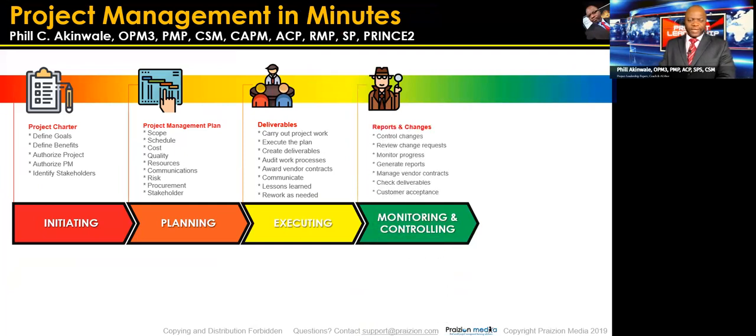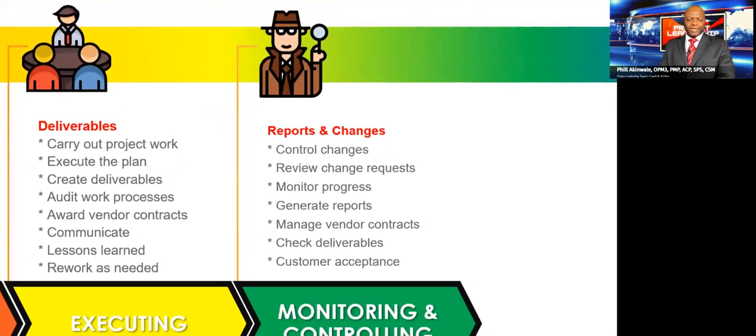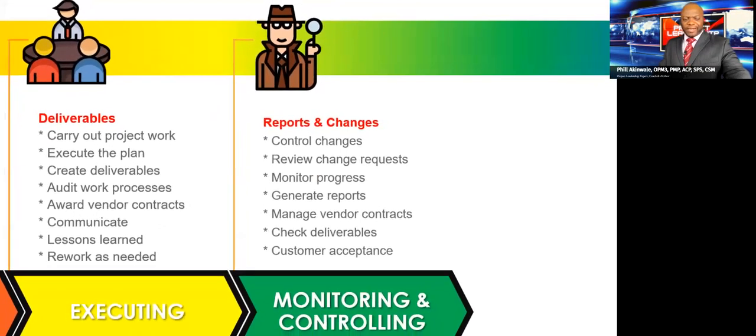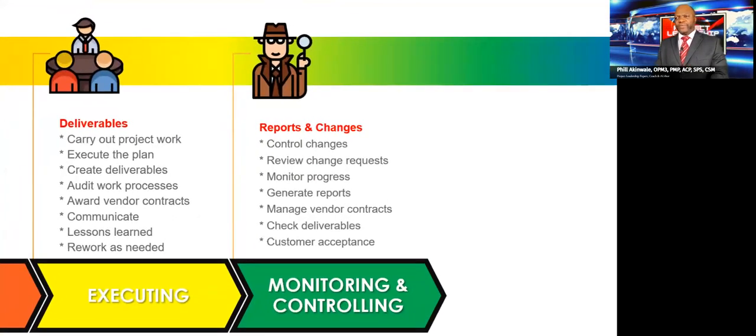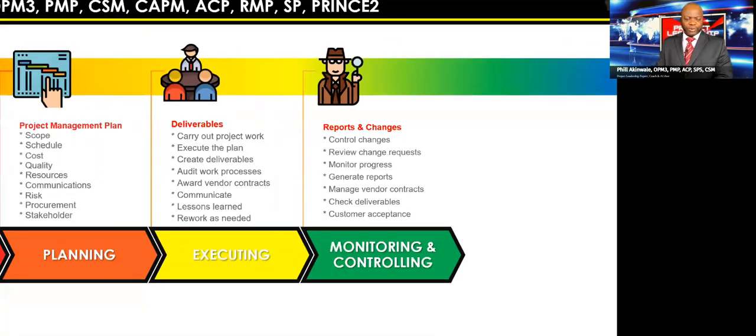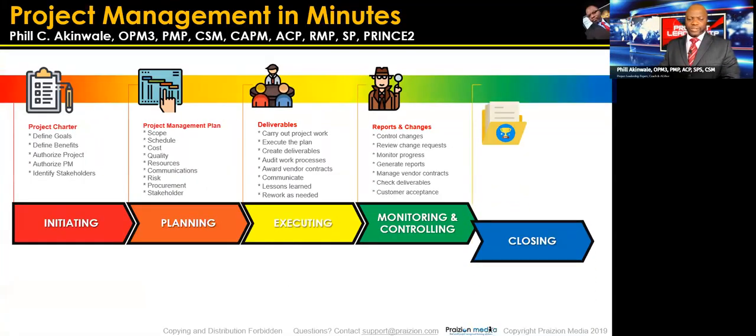You can see the detective there taking a look, making sure that things are going according to plan. And if not, we're involved in controlling changes, reviewing change requests, monitoring progress, generating reports, managing vendor contracts, checking deliverables, and customer acceptance. Final process group is closing.